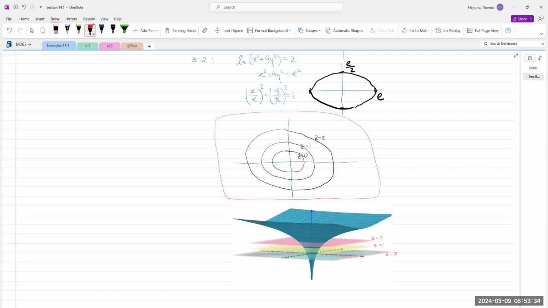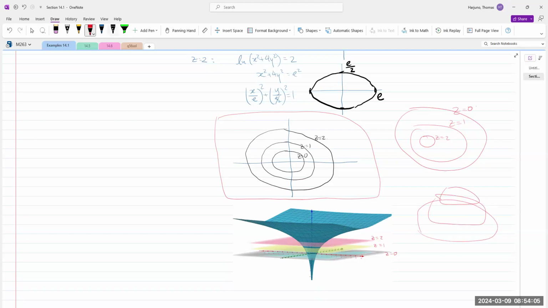If z increases, you see the contour map is actually growing, which means as z increases, the graph is getting larger and larger. Now, you can imagine if I reverse the order, like let's say this is c equals 2, this is z equals 1, and this is c equals 0. Now it means at the bottom, it's larger and then gets smaller and smaller.